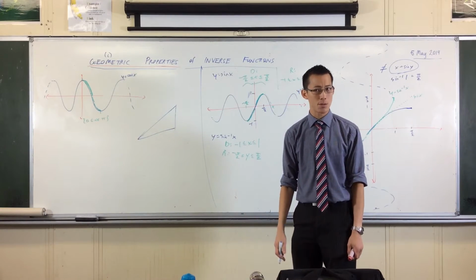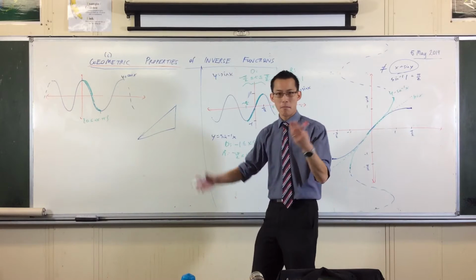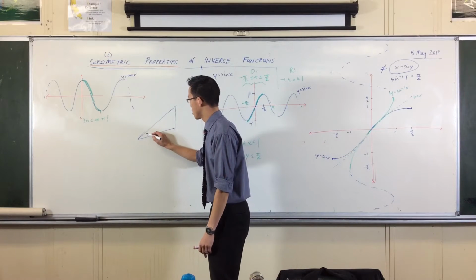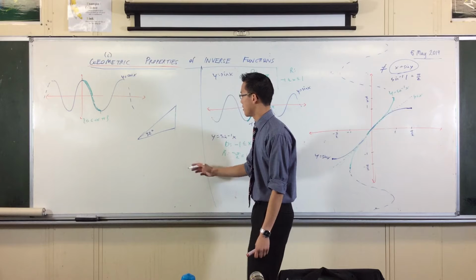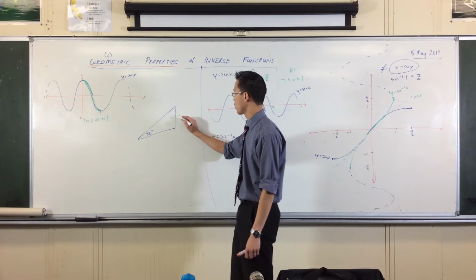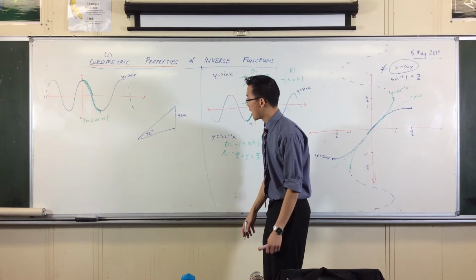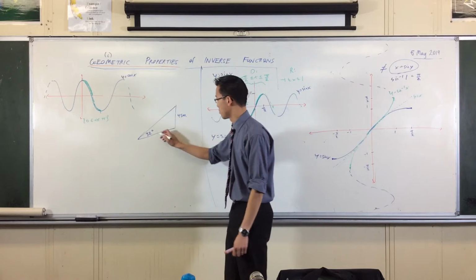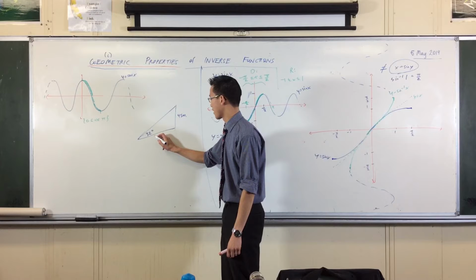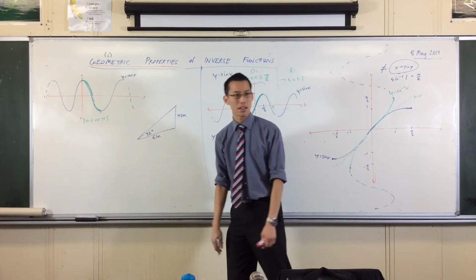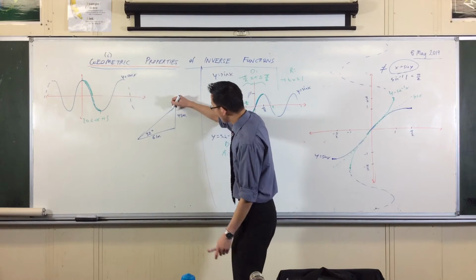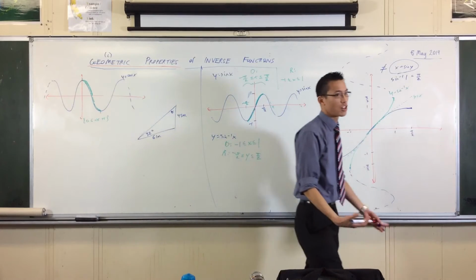If I gave you some measurements on this thing, and said maybe, oh, I don't know, this is 32 degrees, and this is 45 meters, and let's make this 61 meters, something like that. And I said to you, can you tell me what this angle is?